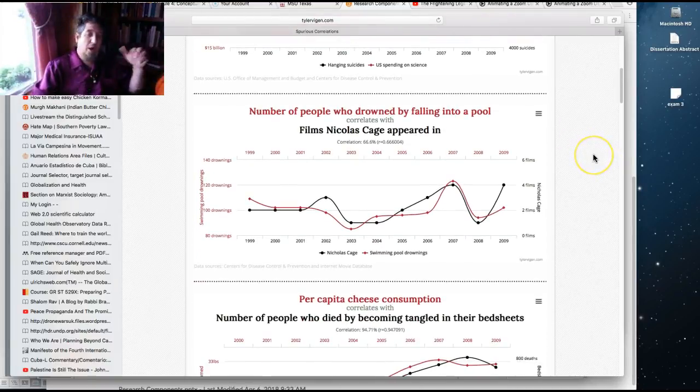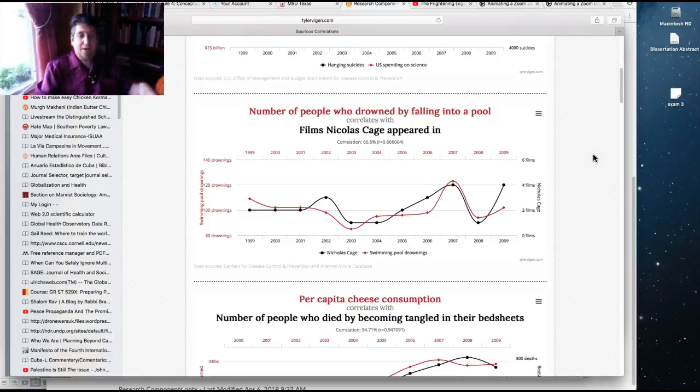We can look here. The number of people who drown by falling into a pool somehow correlates with films that Nicolas Cage appeared in. Now, some of us may not enjoy the films of Nicolas Cage, but it is doubtful that those films led us to suicide, and particularly suicide by drowning. Of course, with spuriousness, we oftentimes have another explanation.